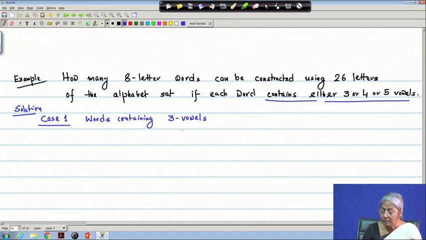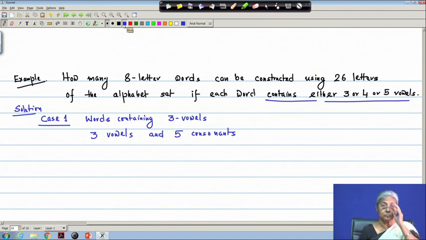Since there are 3 vowels, in this case there will be 3 vowels and 5 consonants in the 8 letter word.